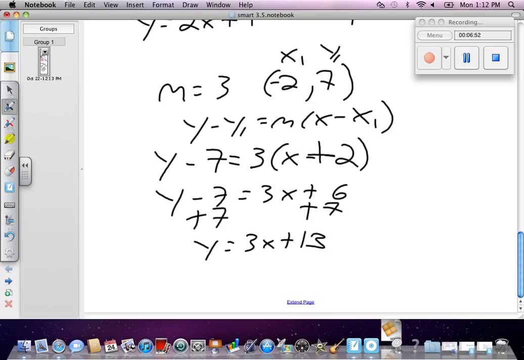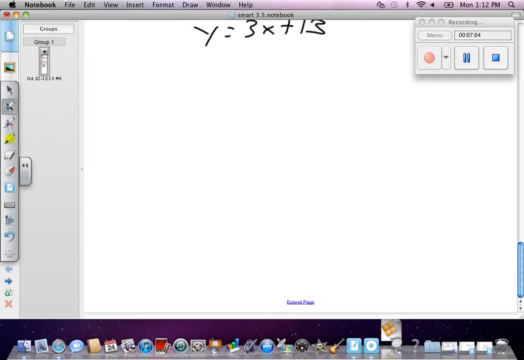How'd you do the 2? Oh, okay. We good? You want to do another one? Yeah? Okay. So here's our slope. Here's our point, and I'm going to label it right away, x1, y1. Just out of curiosity, I learned this last year.